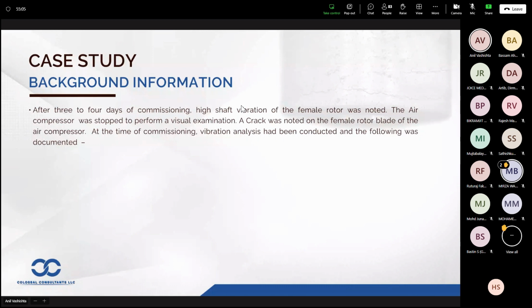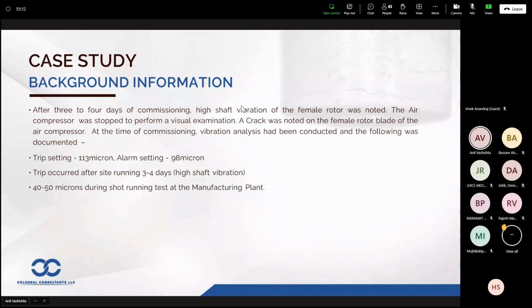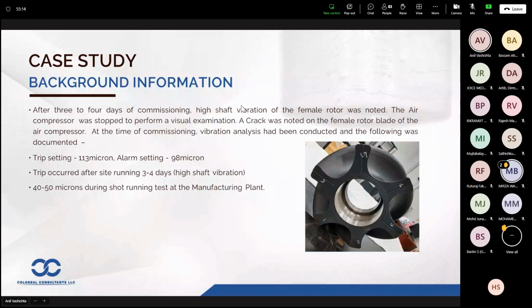At the time of commissioning, the vibration analysis was conducted, and trip setting parameters and other operational parameters are mentioned here.